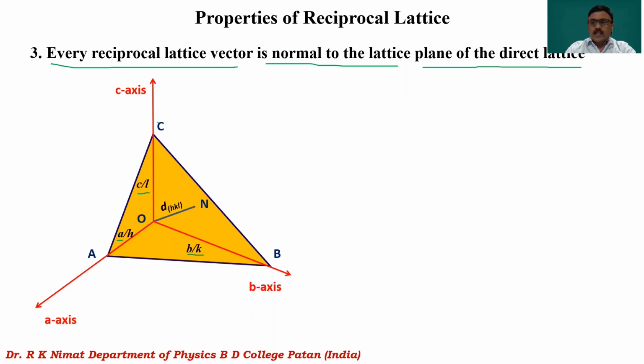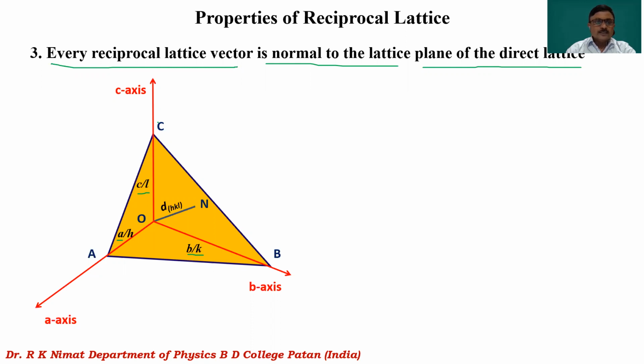That means we can assume a reference plane passing through the origin, which we have not shown in the figure, and the next adjacent parallel plane as ABC, and the interplanar spacing between these two planes is d_hkl, so that the perpendicular distance between these two planes is ON, and ON is equal to d_hkl.